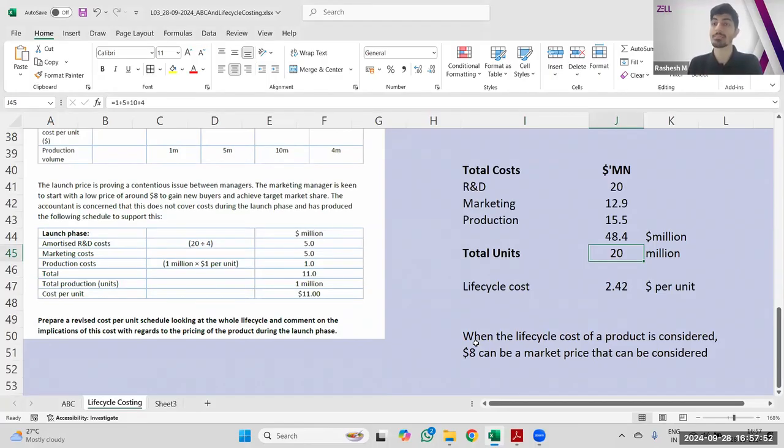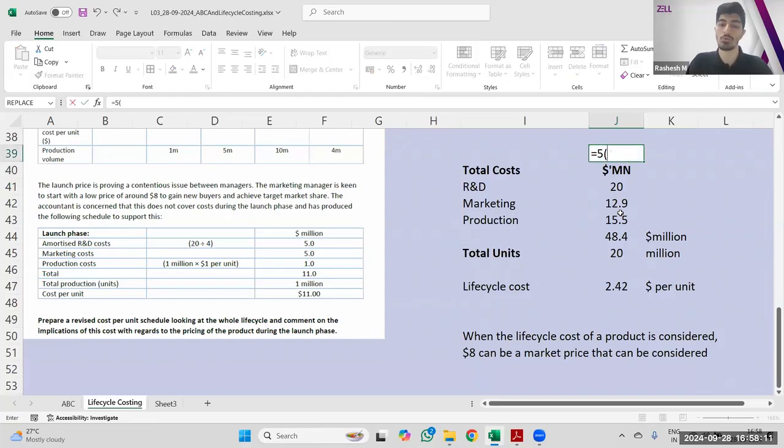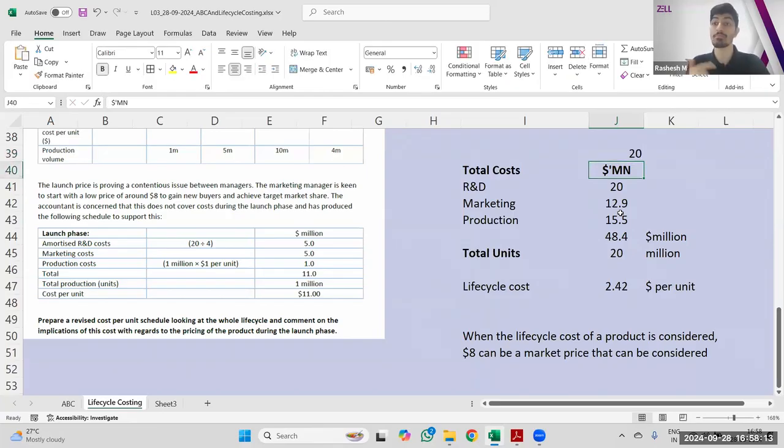What do I mean? Sometimes we also take the asset's purchase cost and also the depreciation cost. That is double counting a cost, correct? Either you take your purchase price or you take the total depreciation. What I can't do is say R&D is 20 million, so I'll include that, plus amortization is 5 million into 4 years, so I'll include that. That ends up including it twice.